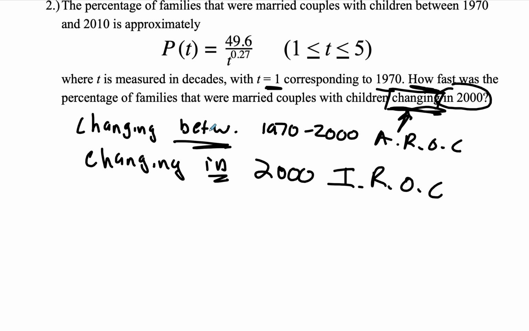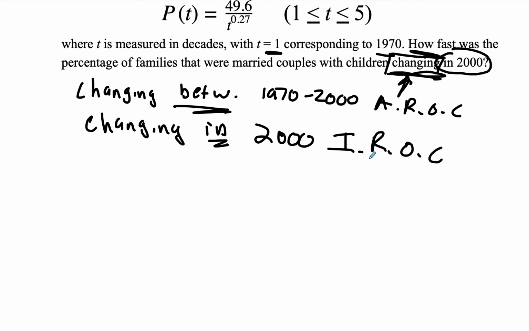So average rate of change is between two moments in time, and the instantaneous rate of change is at that one moment, right? So we looked at previously secant lines, which represent the average rate of change, versus tangent lines, which represent the instantaneous rate of change. And so what we need here is we need the derivative, because I want to know at that one moment in time what's going on.